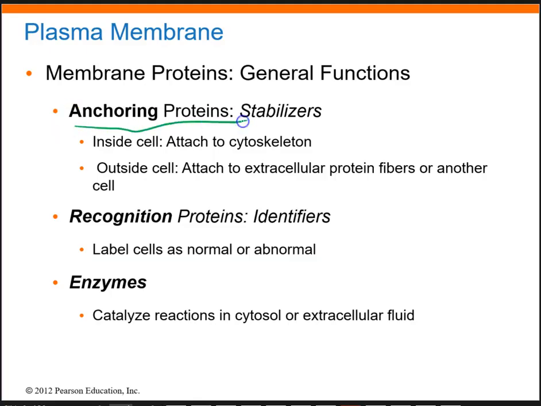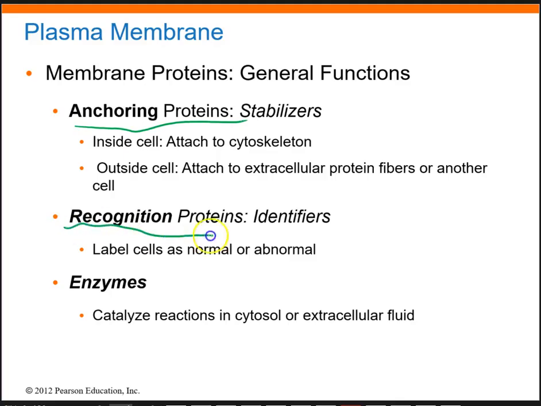There are anchoring proteins. These are just the stabilizers. They can go inside the cell and attach to the cell's skeleton, or they can stick outside the cell and anchor multiple cells to each other. They're just the proteins that provide stabilization and strength for the cell.